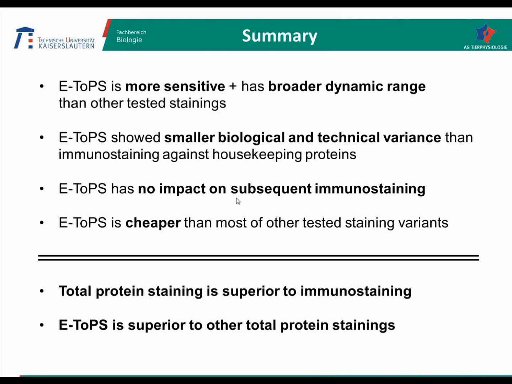It has no impact on subsequent immunostainings, which is important, and it can be done at a very early step. You save money and time if you do not need to wait until you put all your antibodies on the blot to find out if they were loaded well and equally.